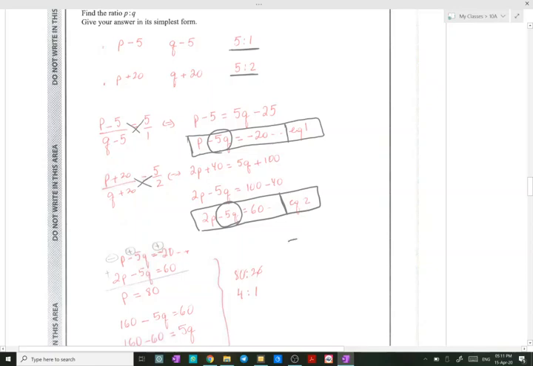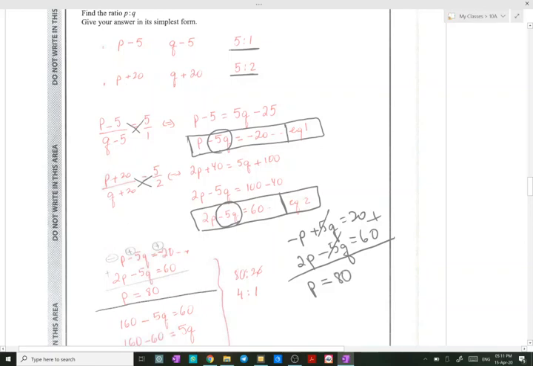You're going to get minus P plus 5Q equals 20, and you keep the second equation as it is and you add. Adding these together, you will eliminate Q and you are left with P. So P is equal to 20 plus 60, which is 80, and this is what we've done here.